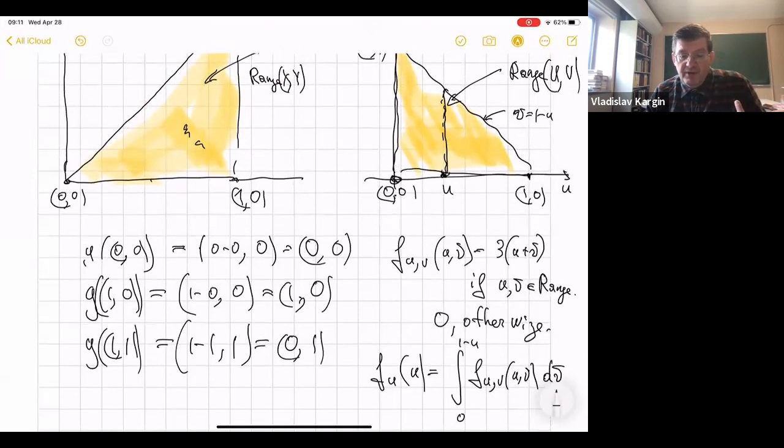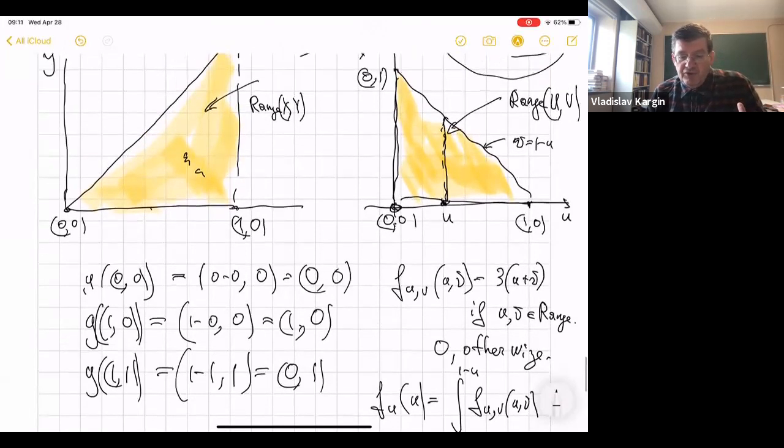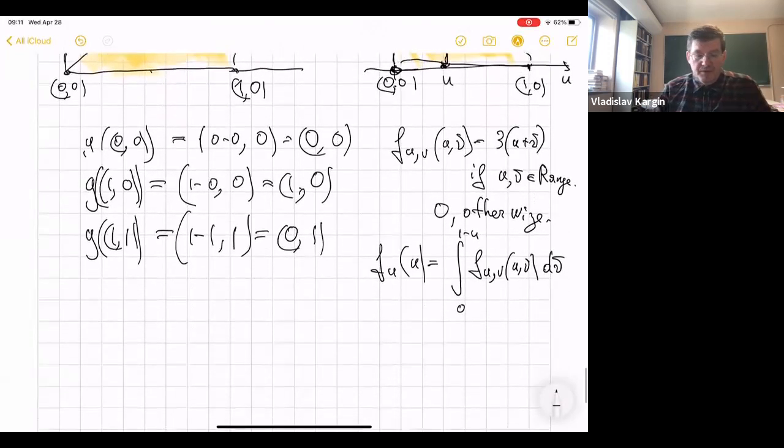The interval has v changing from 0 until this thing, which is equal to 1 minus u. And so you write that f of u is equal to the integral from 0 to 1 minus u of 3u plus v dv.